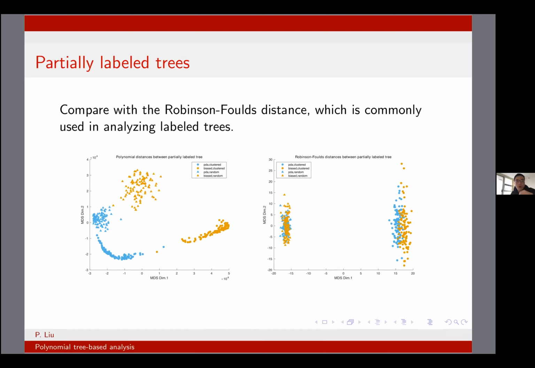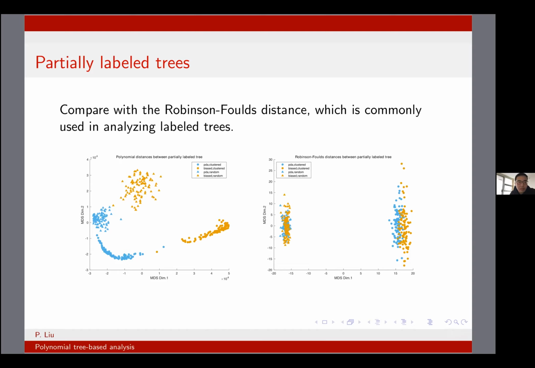Compared to one of the most commonly used distances nowadays in phylogenetics, called the Robinson-Foulds distance. And we know that the Robinson-Foulds distance considers labels more than the topologies of the trees. So as you can see on the right-hand side, we compute the Robinson-Foulds distance between the same set of trees.